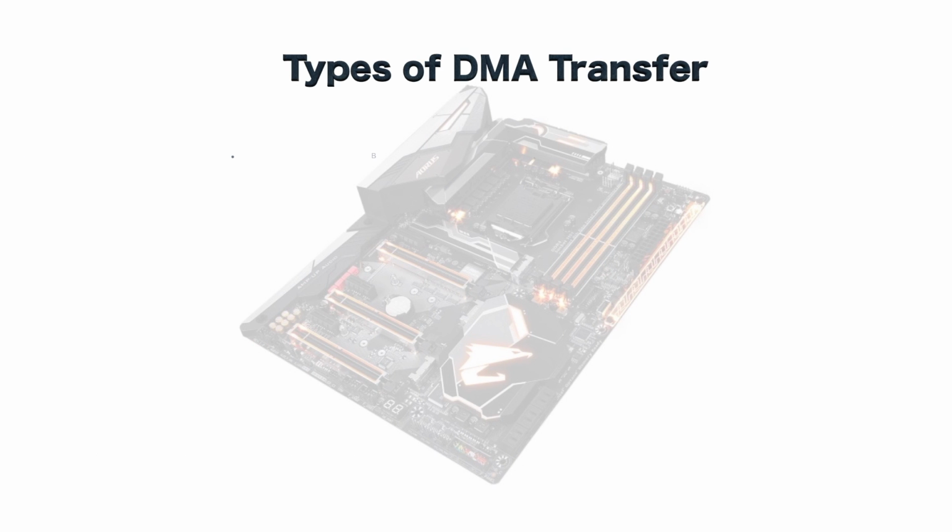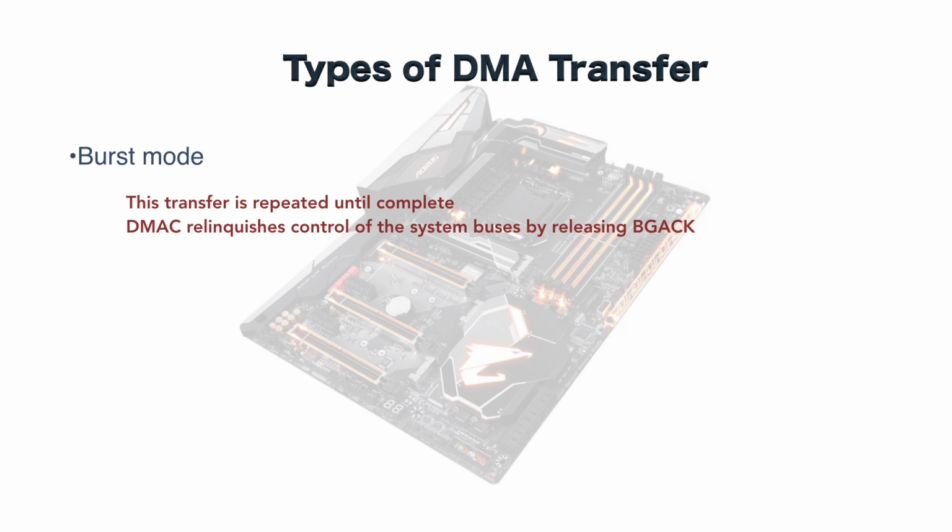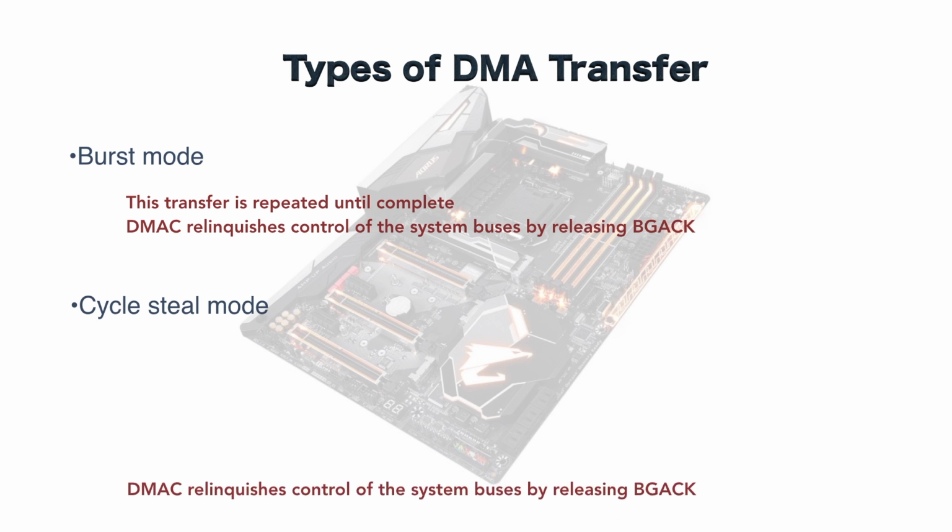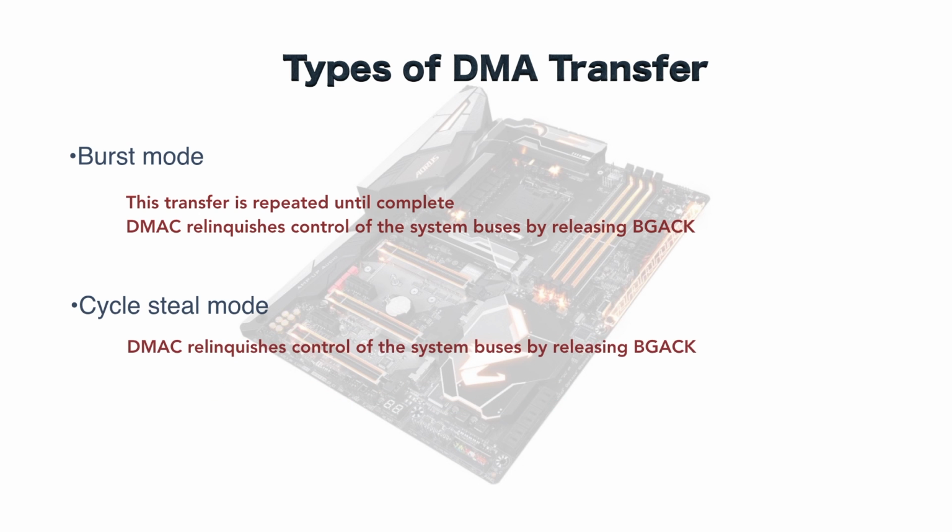Types of DMA transfer. Firstly, the burst mode. This transfer is repeated until complete. DMAC relinquishes control of the system buses by releasing bus acknowledgement. Secondly, cycle steal mode. DMAC relinquishes control of the system buses by releasing bus acknowledgement.